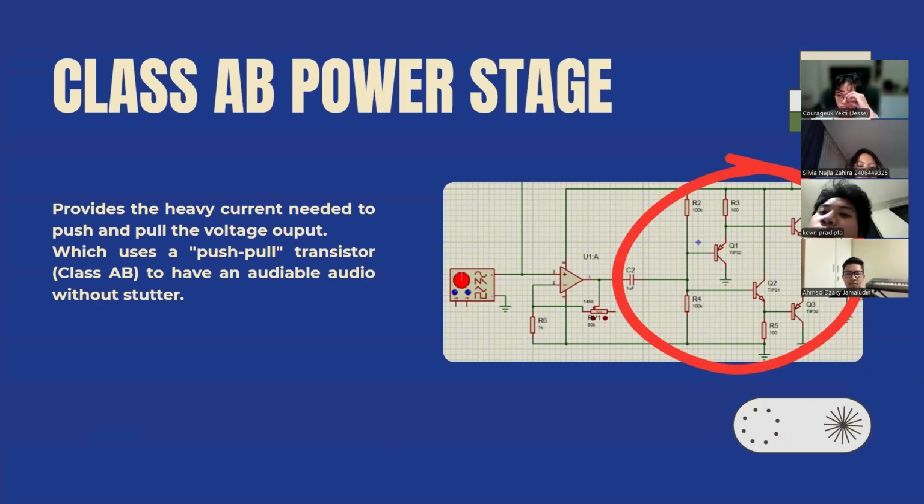It's going to be equivalent to about 1.4 volts, and then it's detected by the next base, which is going to push and pull the voltage and the audio to have at least an audible audio without stuttering, unlike a class B push and pull.